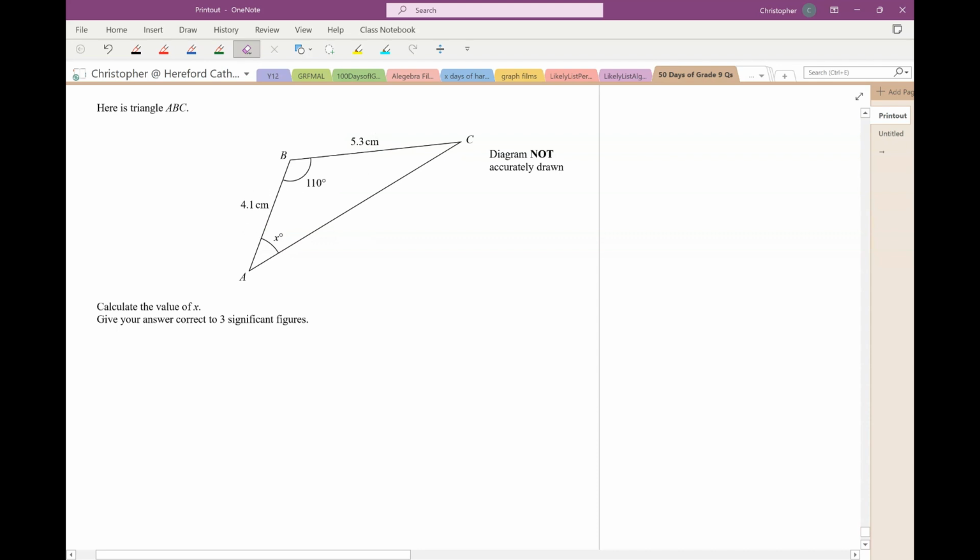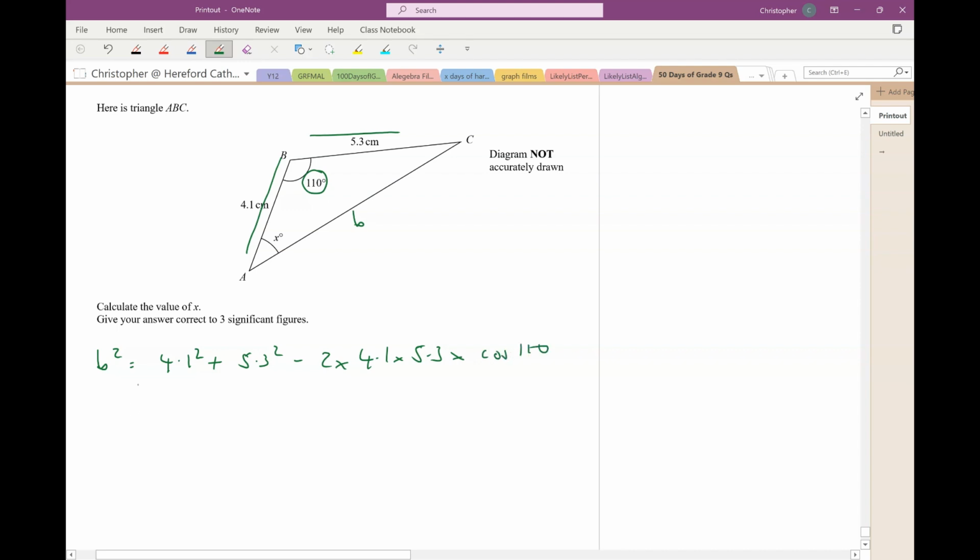So I'm going to find this side here, the side B, and I can use the cosine rule for that because I've got the 2 sides there and the angle 110. So B squared is going to equal 4.1 squared plus 5.3 squared minus 2 times 4.1 times 5.3 times cos 110.